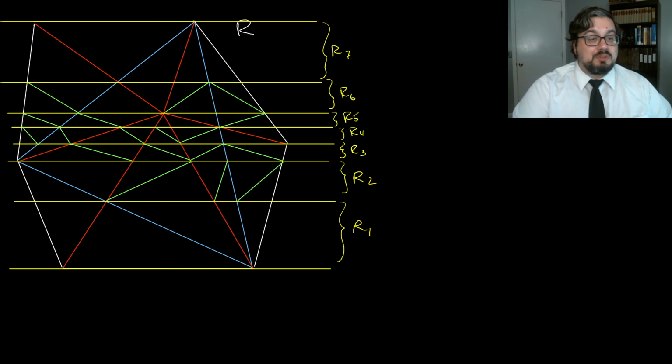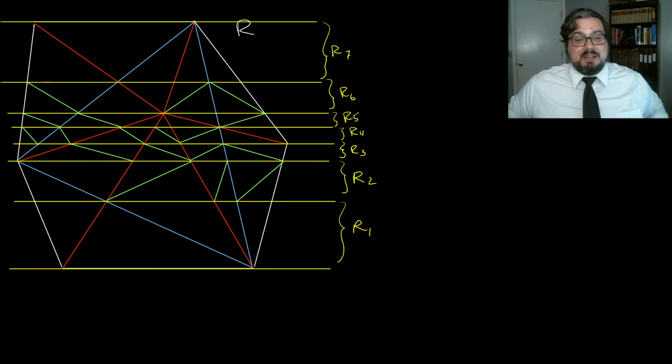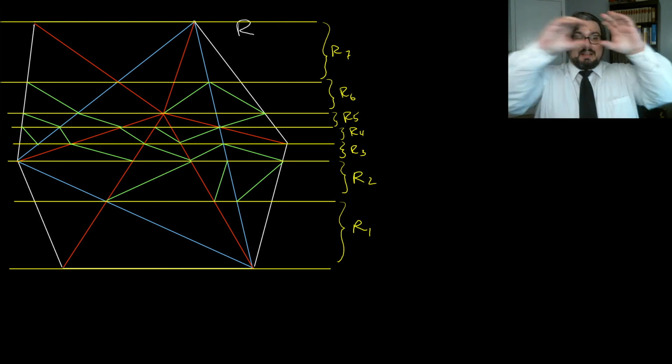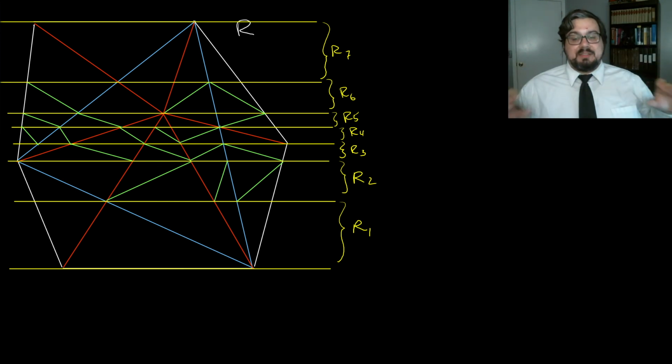So now, assuming that I haven't missed any, we now have the region R broken up into a bunch of triangles. And we've got it split up in terms of these strips, these R1 through R7.